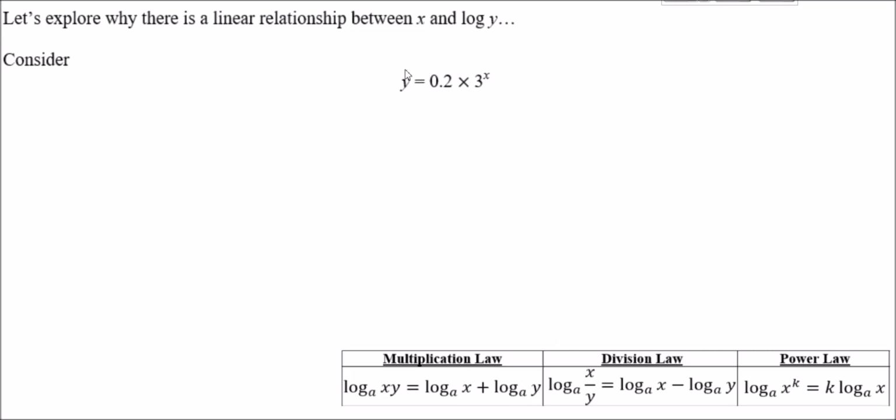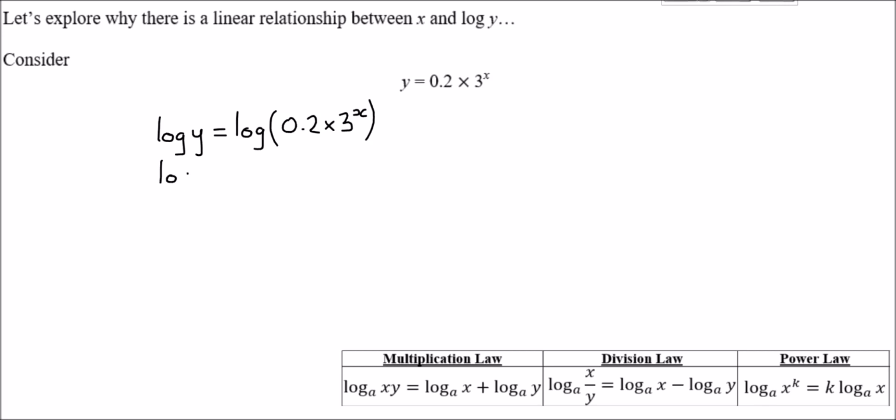Like I mentioned in the other lesson, we can take logs of both sides of an equation in the same way we can perform the same operations to both sides of any equation, log in itself being one such operation. So let's take log of y. So if we do log of y on the left, we need to do log of this on the right. So log of y is the same as log of all of 0.2 multiplied by 3 to the x.